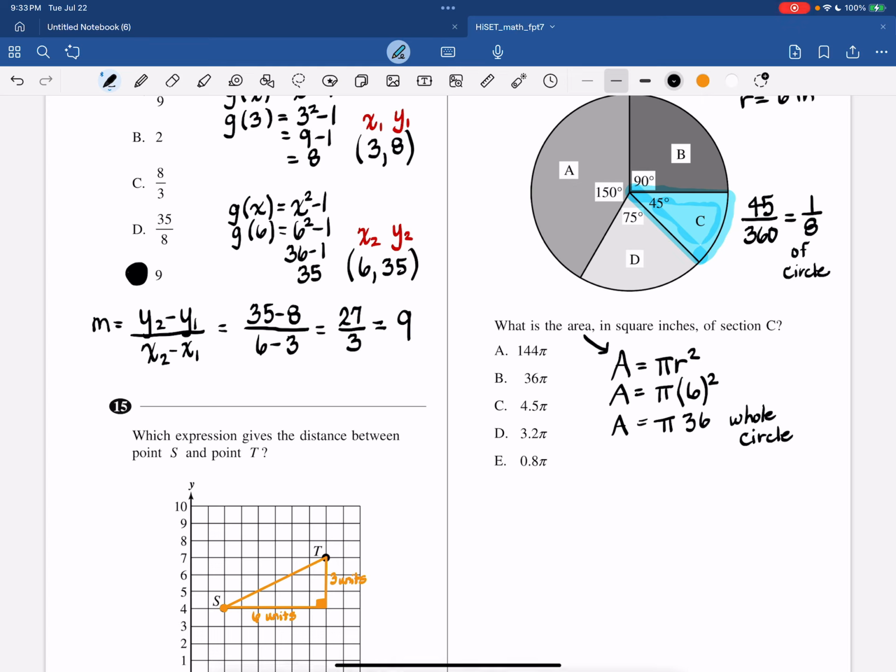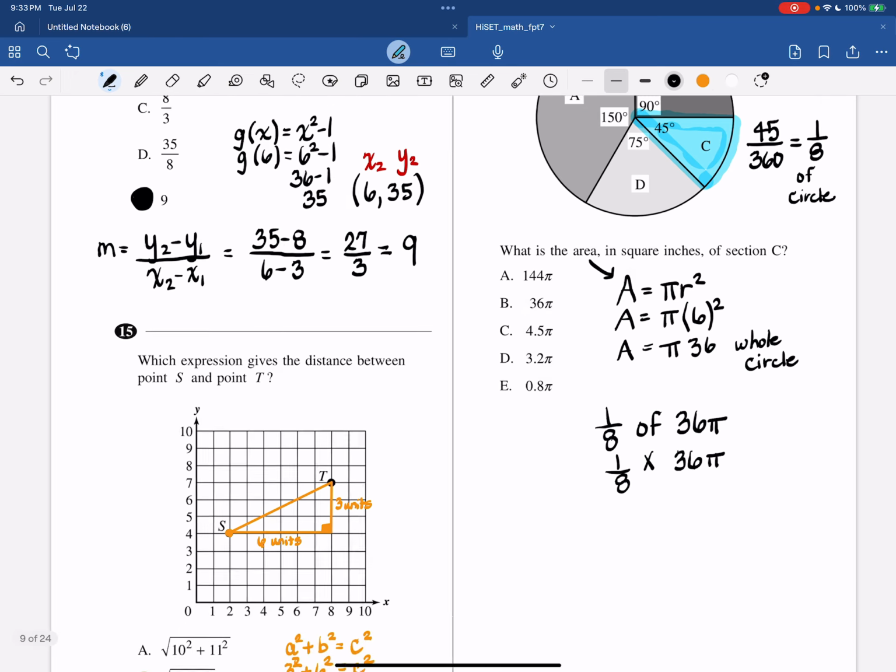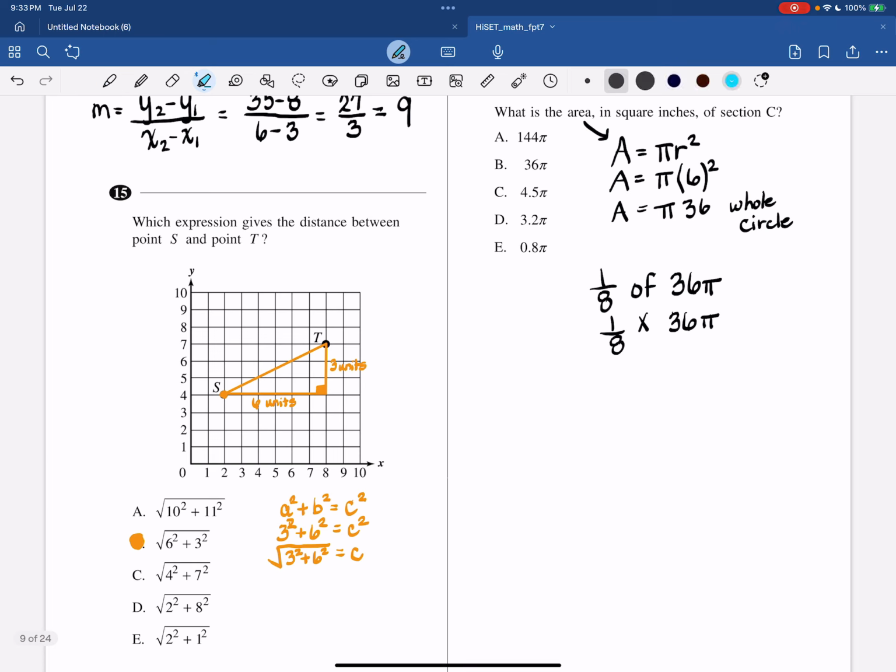So I want to know 1/8 of 36 pi, 1/8 of the area. Of means multiply. So if I just multiply my fractions right here, or the fraction and the whole number, I get 1 times 36, 8 on the bottom, and don't lose pi.